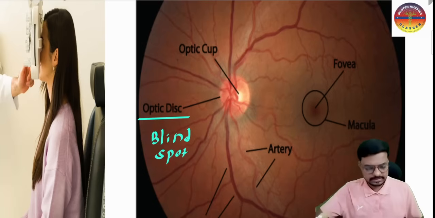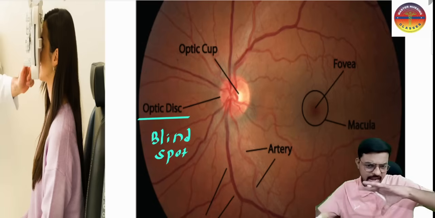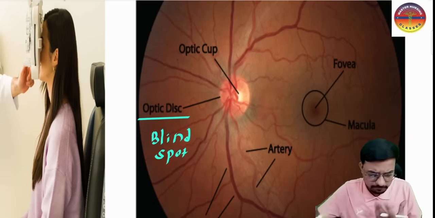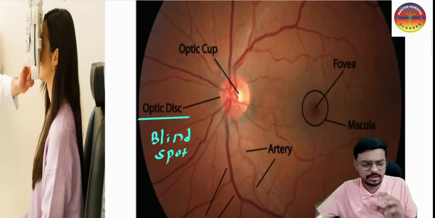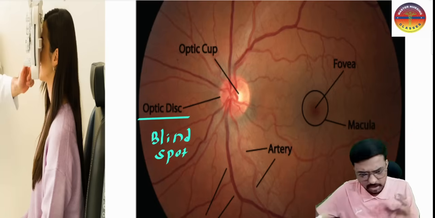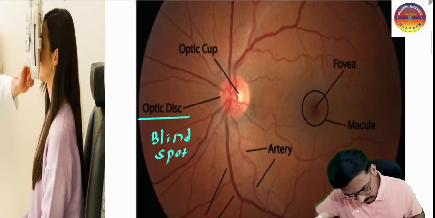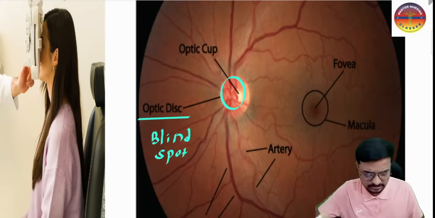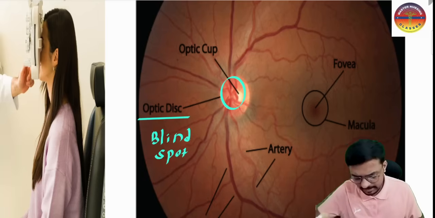Why? Because the entire retina is the sensory neuronal layer of our eye, having rod cells and cone cells. But in the optic disc we don't have any rod cells or cone cells, so vision is not possible here. The area is blind. That is what we call the blind spot.